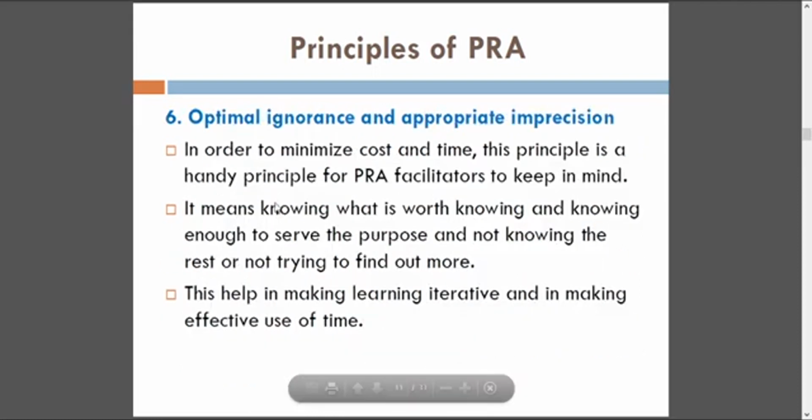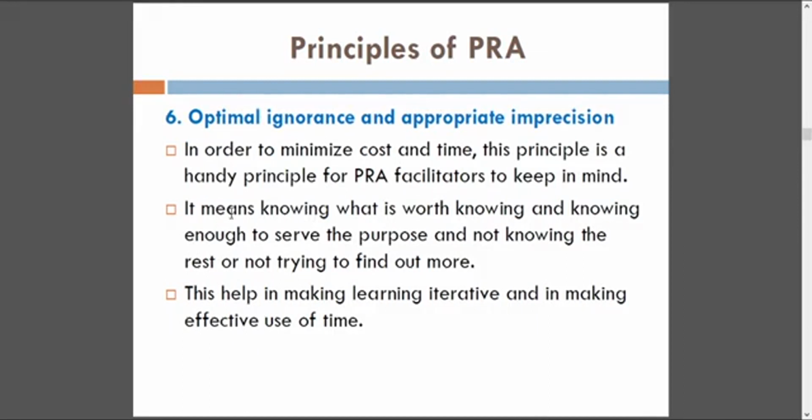The other principle, which is number 6, is optimal ignorance and appropriate imprecision. In order to minimize cost and time, it is important to put this principle at play. It comes in handy when you want to reduce the cost and the time you use for given project activities.